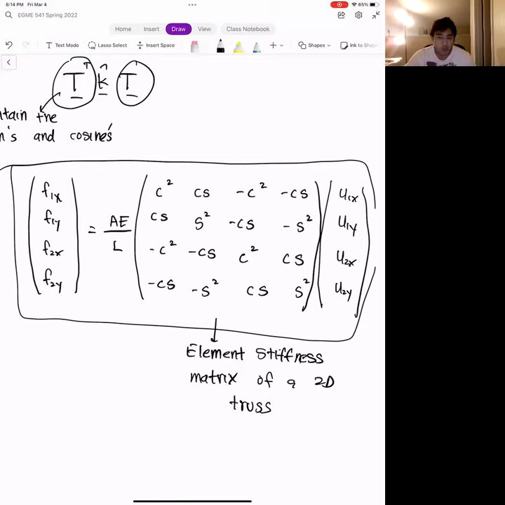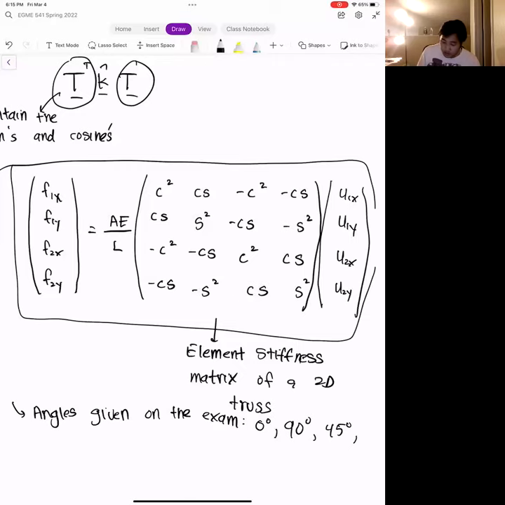And so I will say for the exam, there is a 2D truss problem, just like we talked about at the end of class on Wednesday. But the only angles that I'm going to give you on the exam are going to be either 0 degrees, 90 degrees, 45 degrees, or any multiple of these.